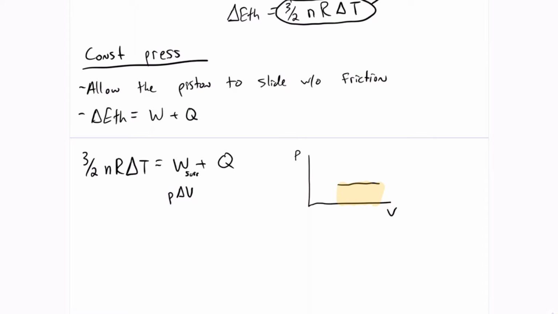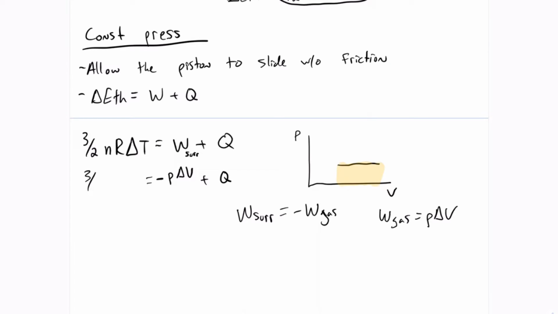And again, that really is just the area under the curve. So that's going to be negative because W surroundings equals negative W gas, and we just said W gas equals P delta V.